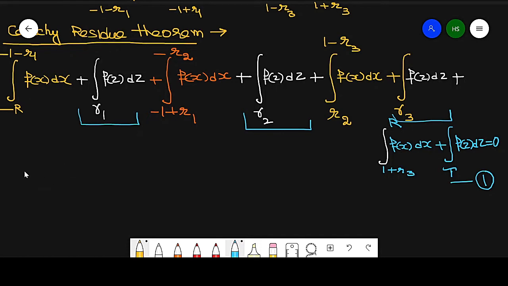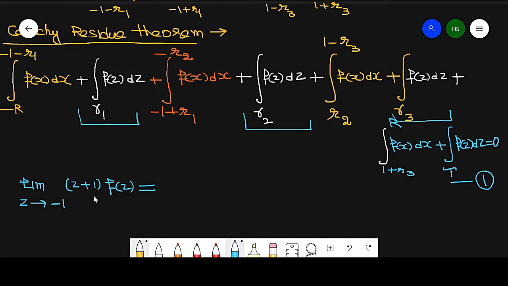K1 is the limit as z approaches minus 1 of (z+1) f(z). Suppose this value is K1. So I find this value.